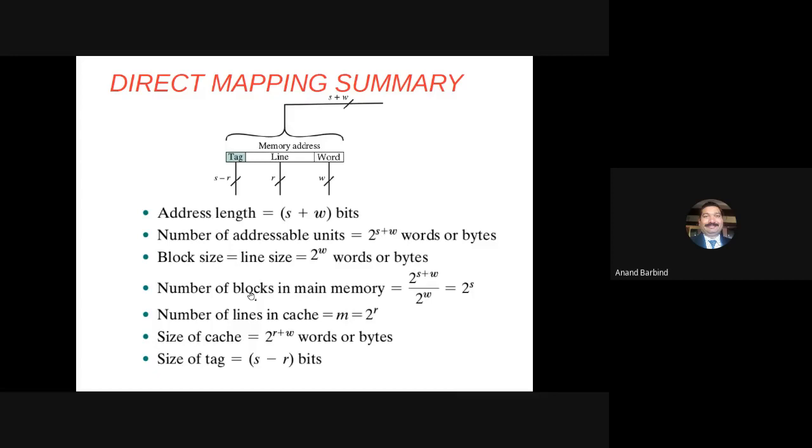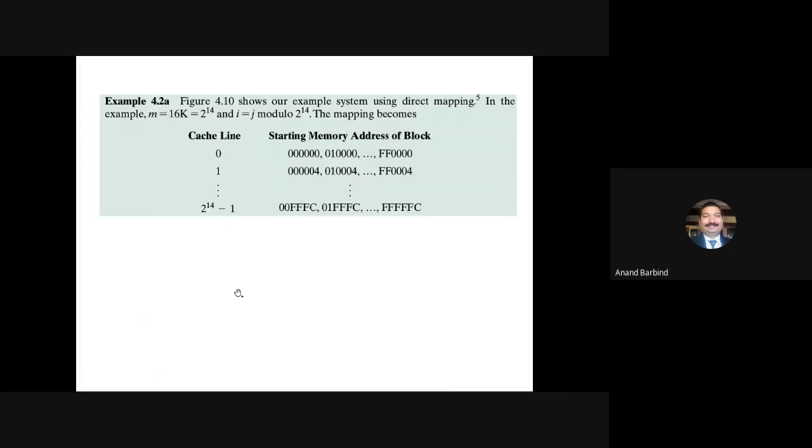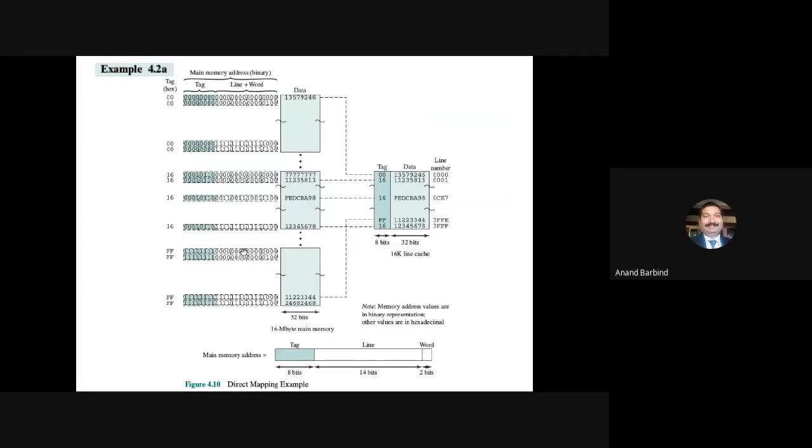The disadvantage of the direct mapping is that if you need to... So this particular example shows how the words are stored. For example, this word from the main memory is stored at this particular line, whereas this word is stored at this particular line, and the tag value is 00.